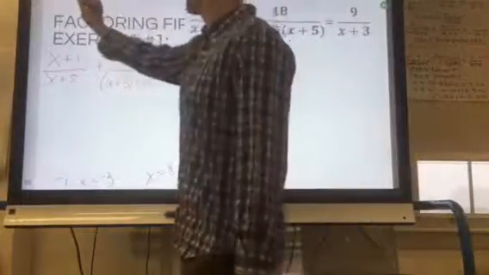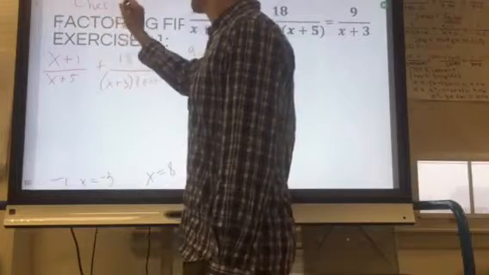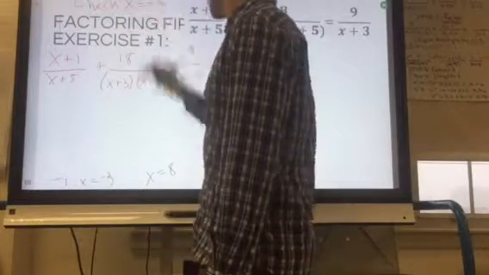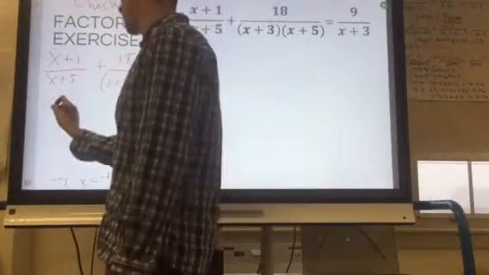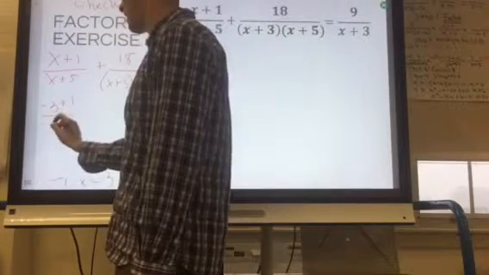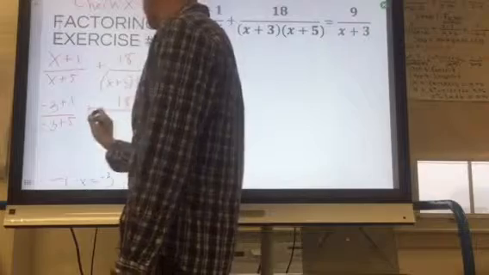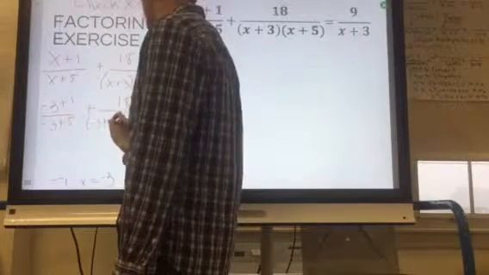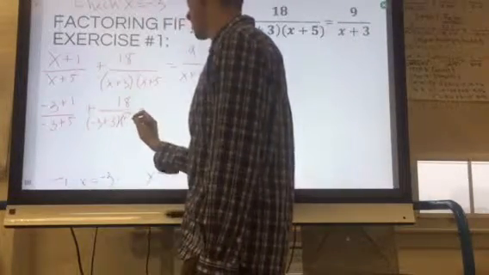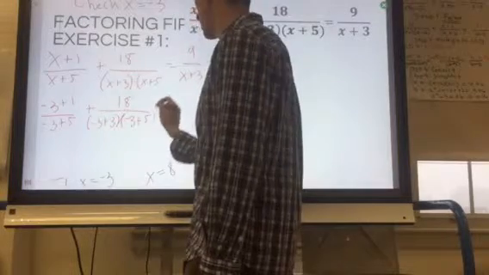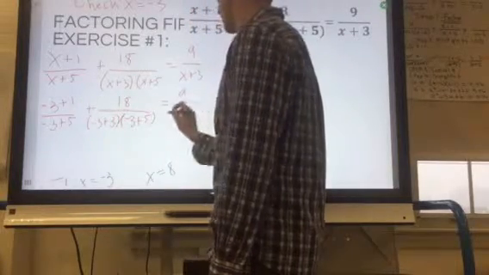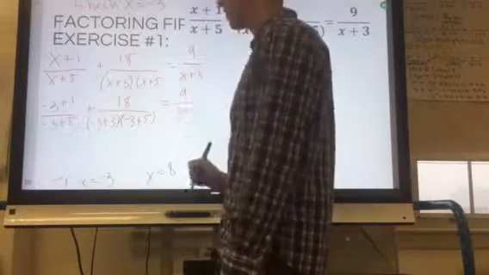So we're going to check x equals negative 3. So that's going to be negative 3 plus 1 over negative 3 plus 5 plus 18 over negative 3 plus 3 times negative 3 plus 5 equals 9 over negative 3 plus 3.